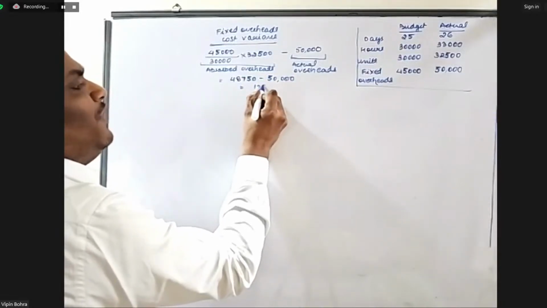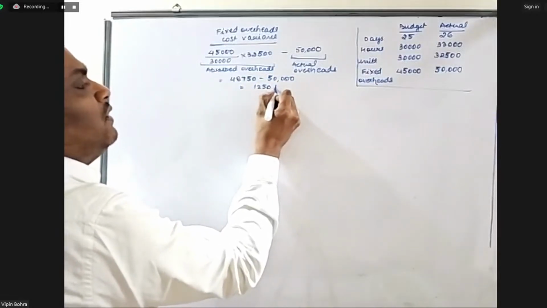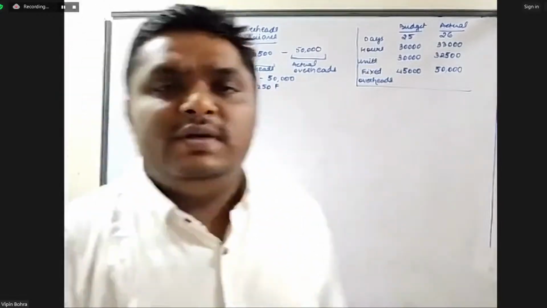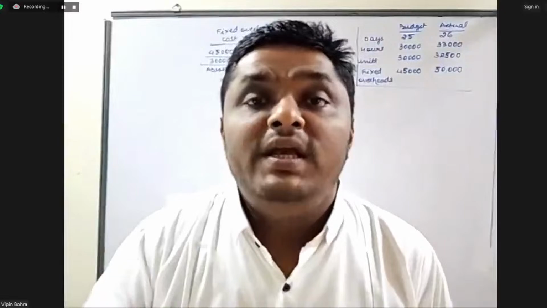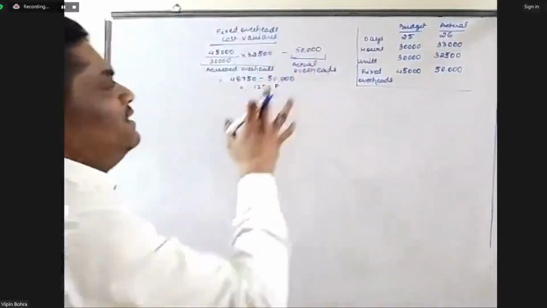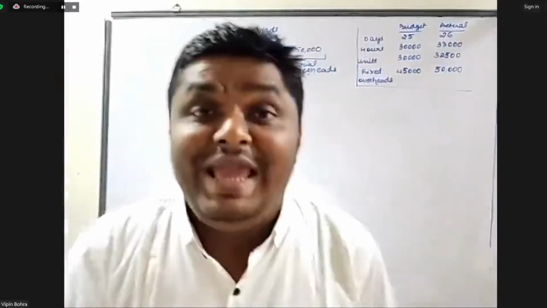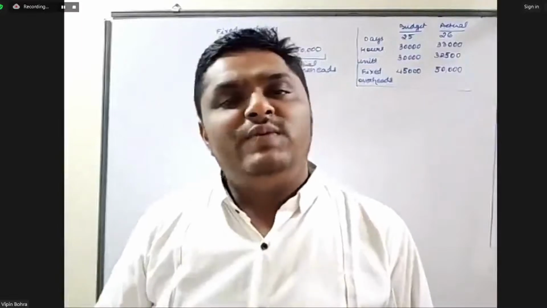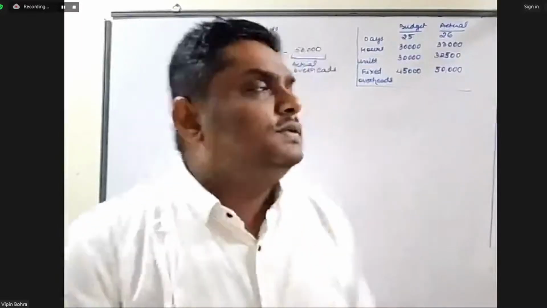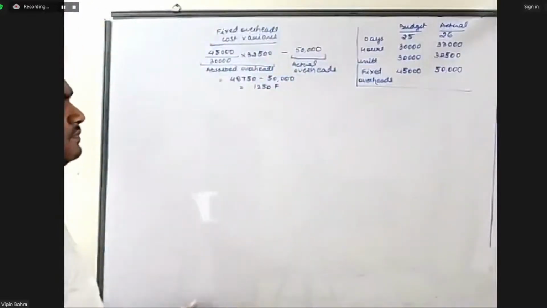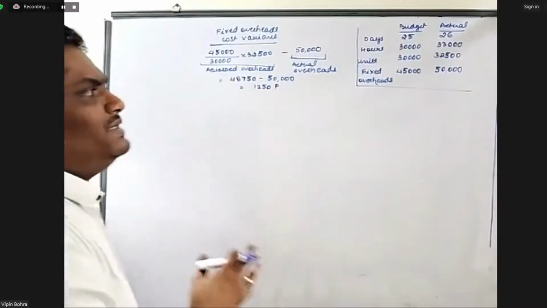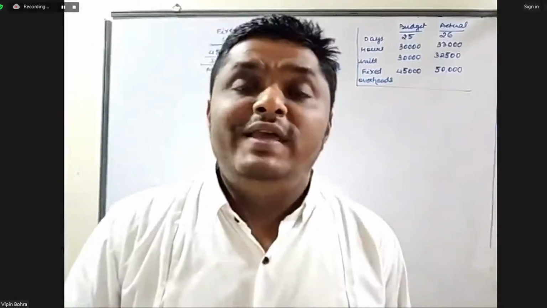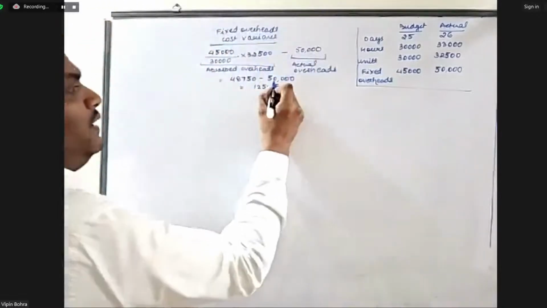So 1,250 adverse. In simple terms, we should have spent 48,750. How much did we spend? 50,000. So we spent 1,250 extra. That's why it is 1,250 adverse. My absorbed overheads are 48,750 and my actual overheads are 50,000, so we can say it is under absorption. That's why adverse.